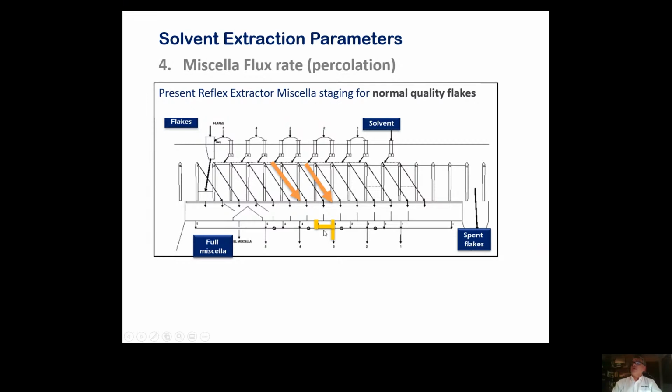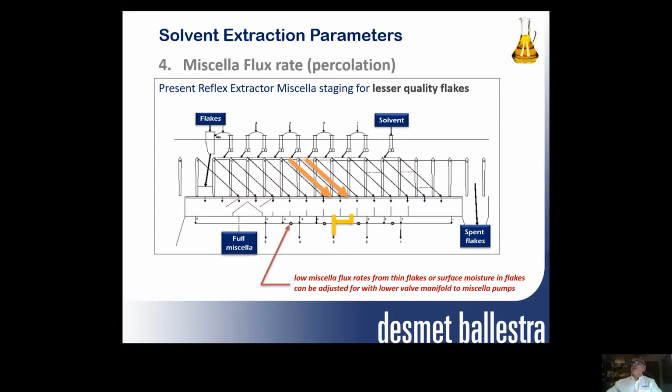If we change the percolation rate because of the material quality, in our reflex extractor we can externally change the position of the micella hoppers, changing the bulb positions, so we can catch the same flow, avoiding any contamination with weaker micella, which would increase the final oil content.